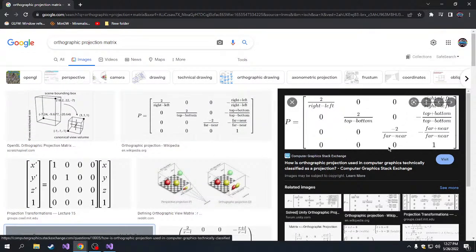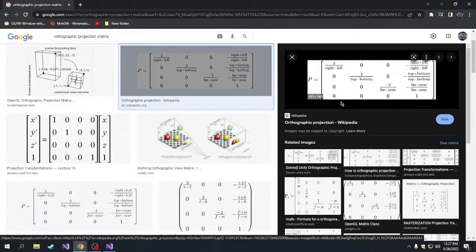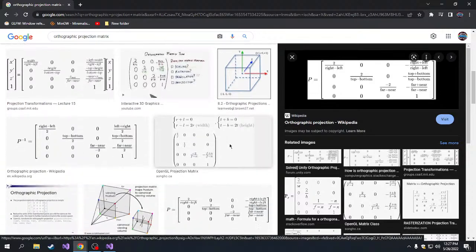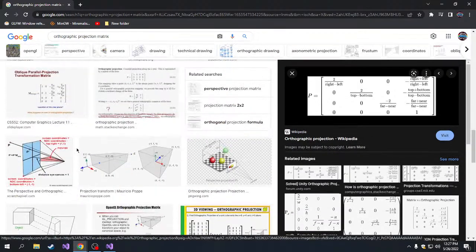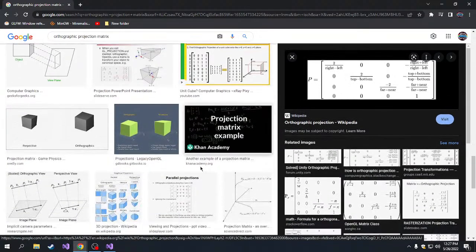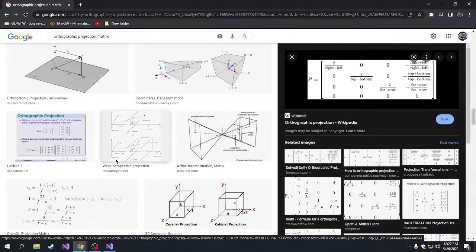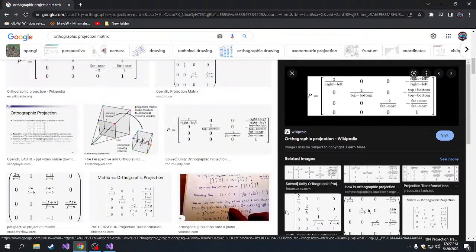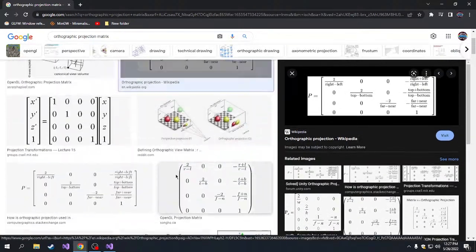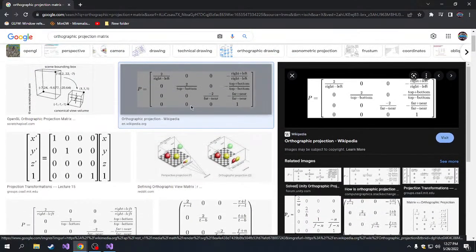So 2 over right minus left, top, bottom, far, near, far. Yep, so we're going to use this matrix right here. Let me check if there are easier ones. Well, basically this is going to work. So we have this matrix.